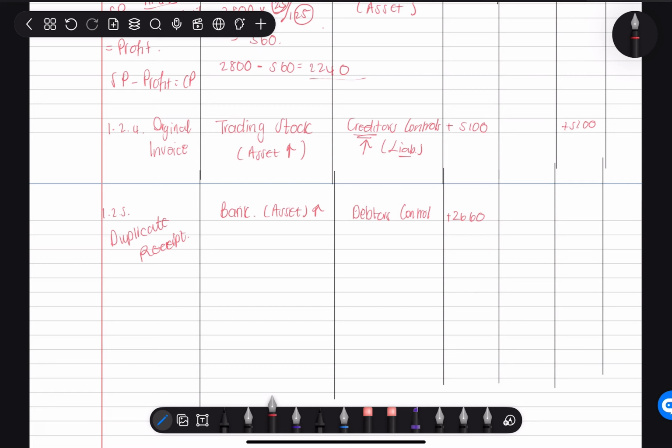Debtors control is an asset, and your assets are then decreasing. So minus 2,660.